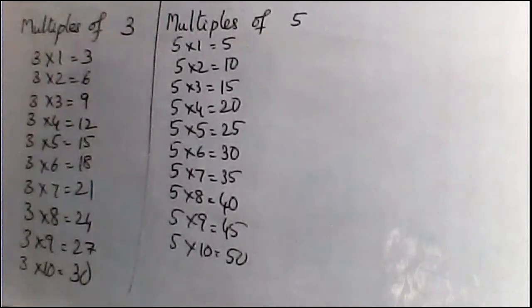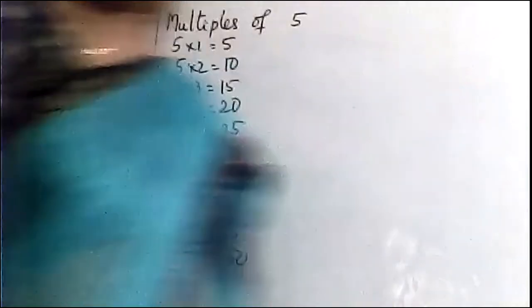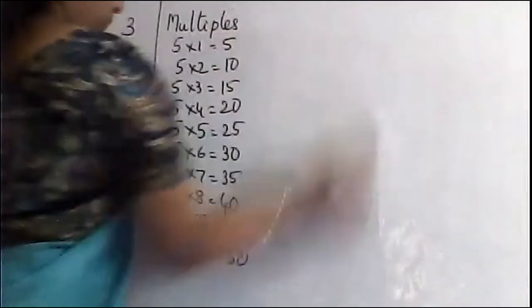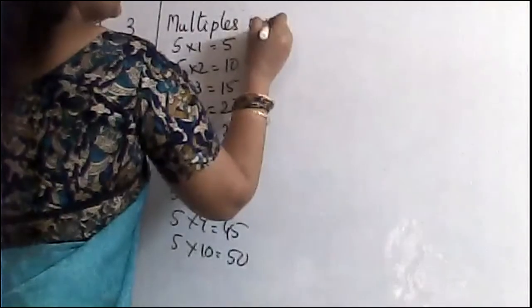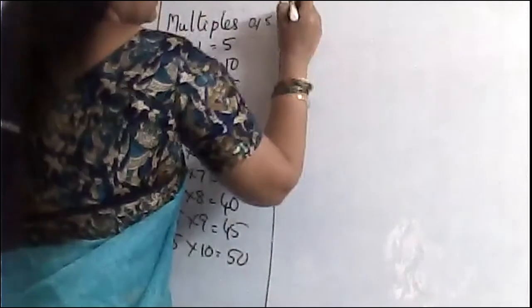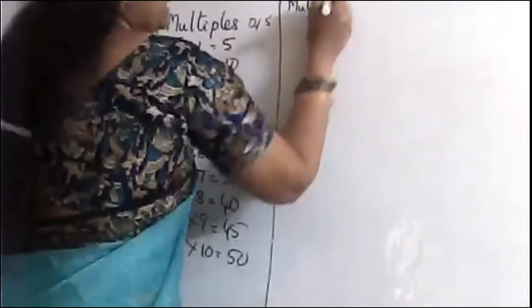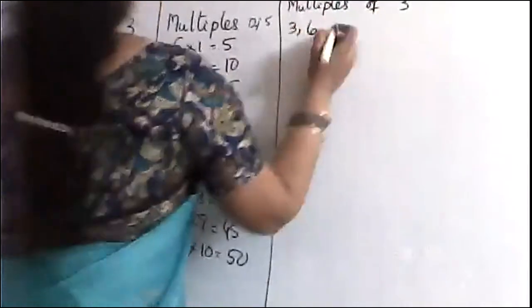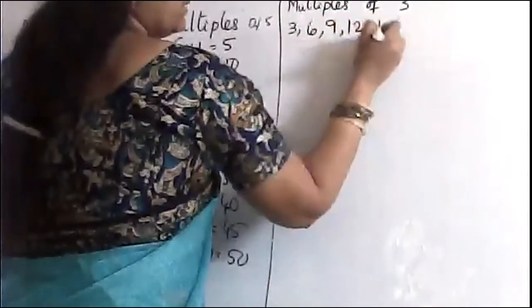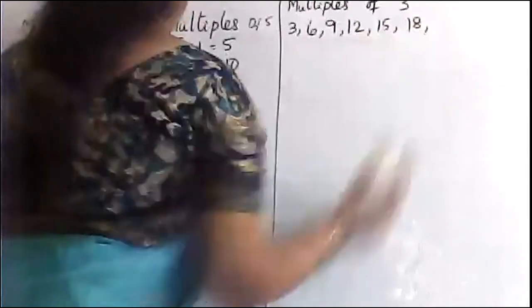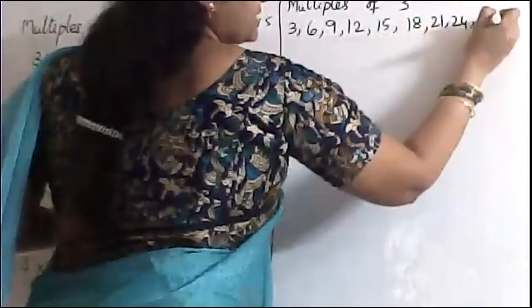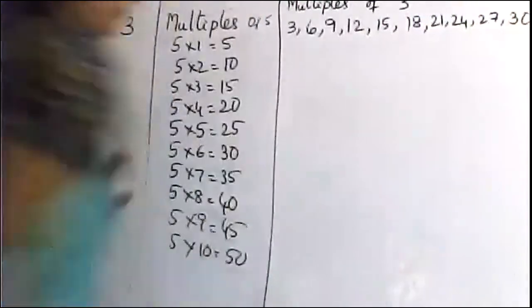Now, what we have to do is find the common multiples of 3 and 5. For that, I am writing these numbers side by side. Multiples of 3: 3, 6, 9, 12, 15, 18, 21, 24, 27, 30.